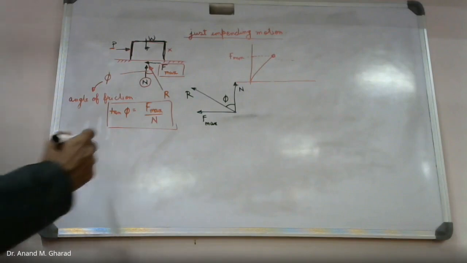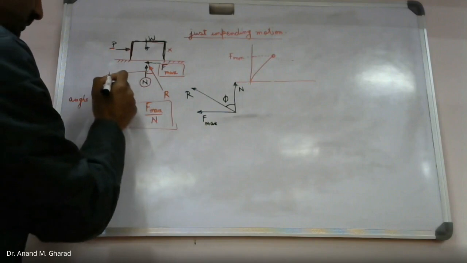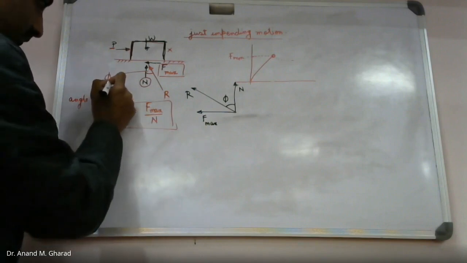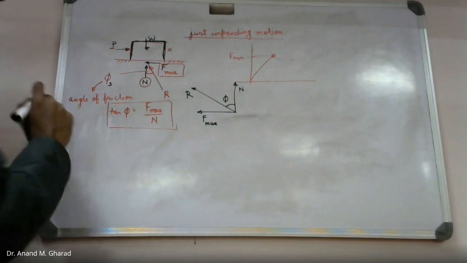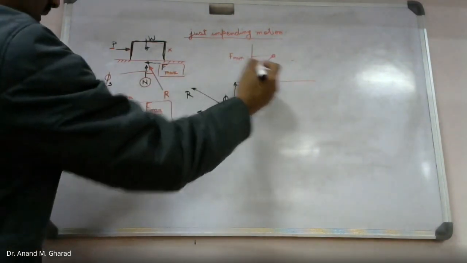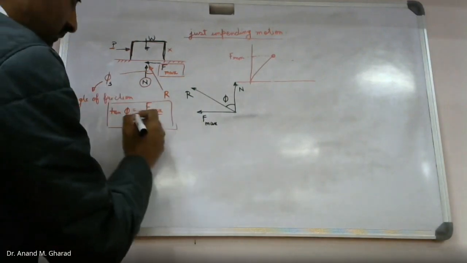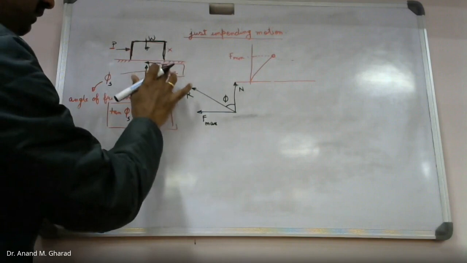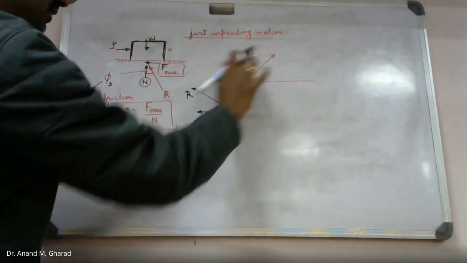Now this phi value, actually the angle of friction, is denoted by phi s, and we are only talking in terms of the static case, and therefore you will see all the terms shall be phi s. F max is only related to the static force itself.